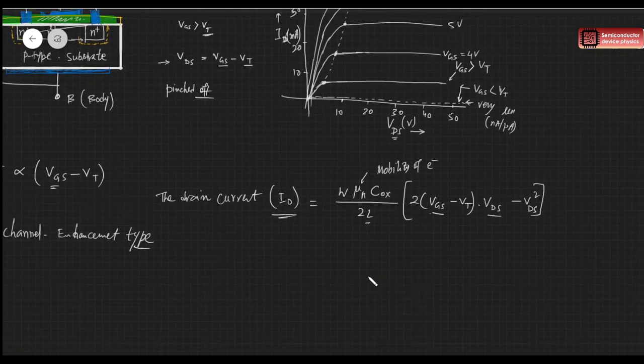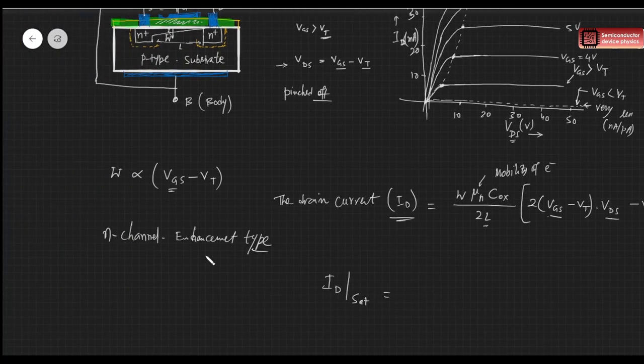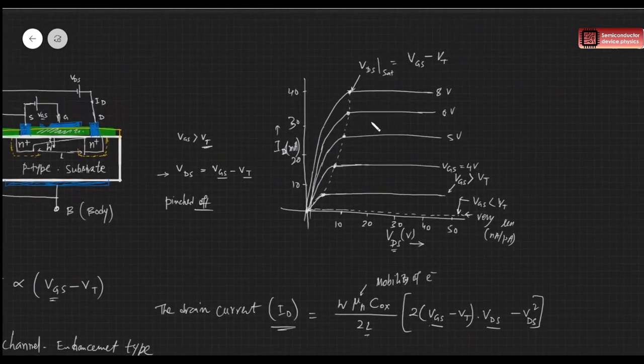Now we can calculate the saturation current, right? This ID saturated current, or the drain saturation current, that is ID sat, we can easily calculate, because at saturation it holds this relation. When the VDS, that is the voltage between drain and source, becomes VGS minus VT, at that time whatever current flows through the device or the drain is called the ID sat, right?